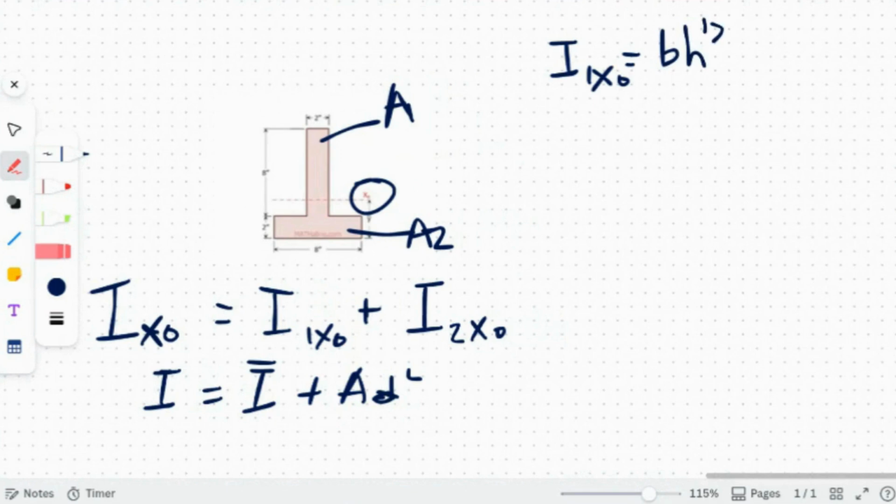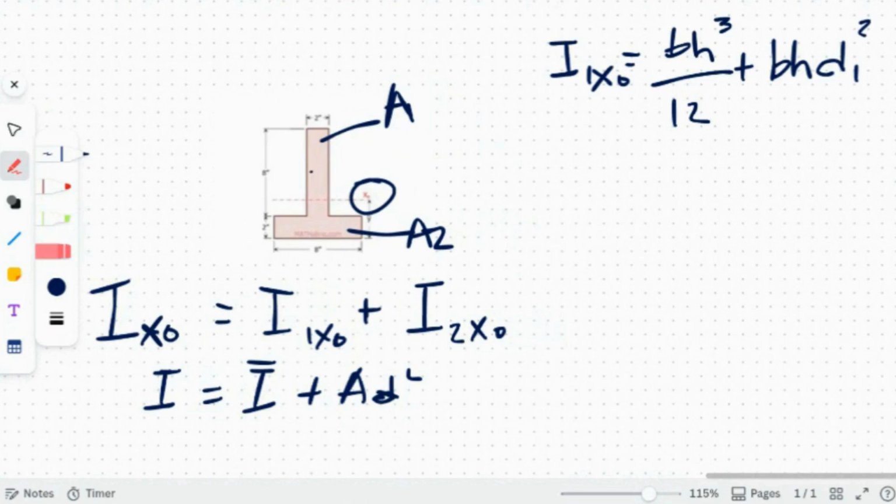So again, that's the centroidal moment of inertia, bh cubed over 12, plus your area is bh, and then your D1 squared. So D1 is actually this one from the centroid of this shape, area 1. This is D1.